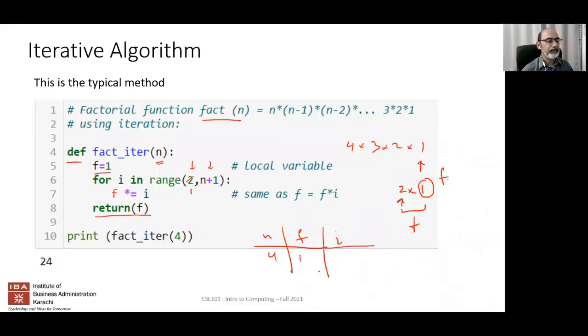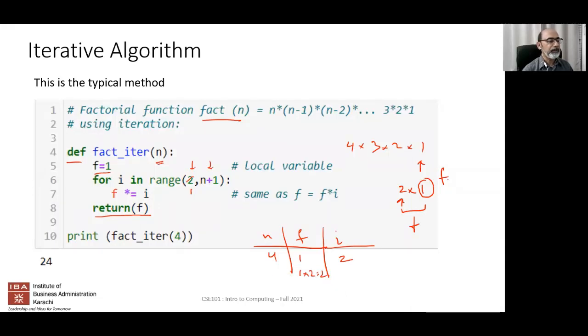This is how you'd start it off. You would say for n equal to 4, f is equal to 1, and i is initially 2. You set f equal to f times i. So f is now 1 times 2, which becomes 2.